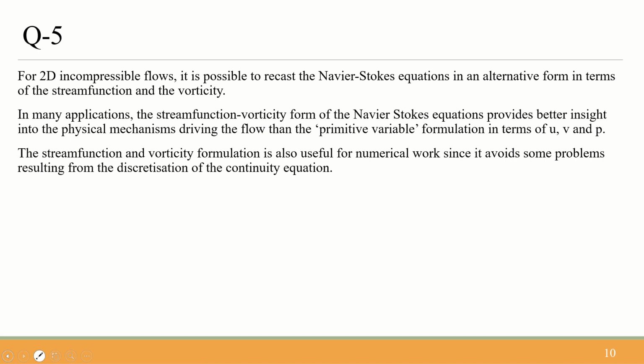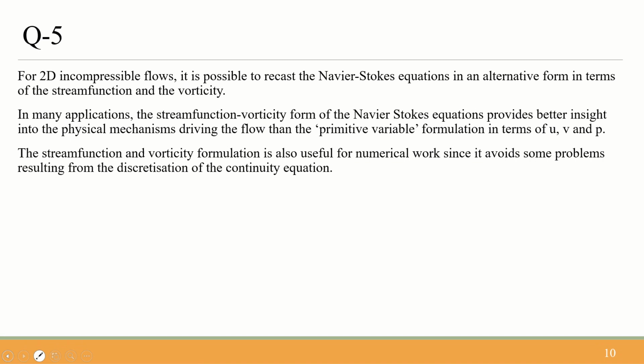In many applications, this form provides better understanding of the physical mechanisms driving the flow, compared to the traditional method of writing it in the form of u, v and p, because rho would not come into incompressible flow problems.